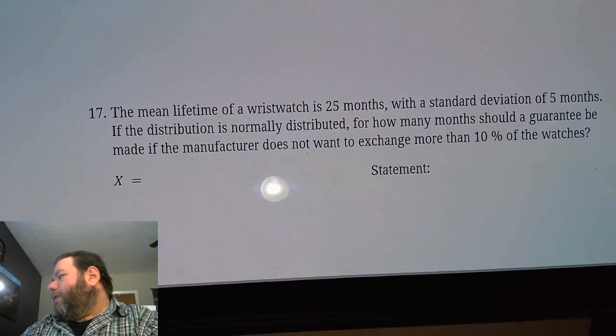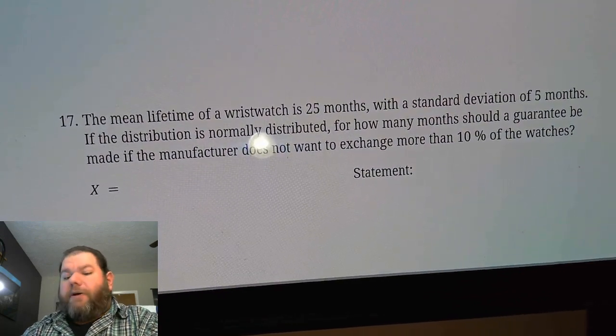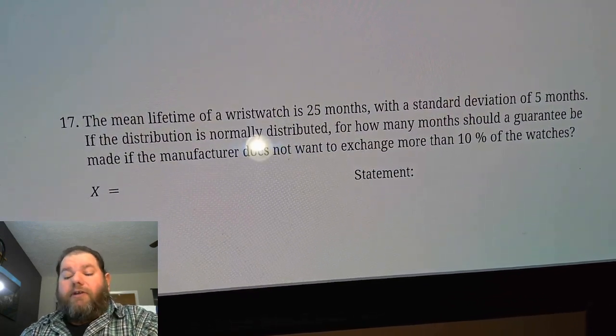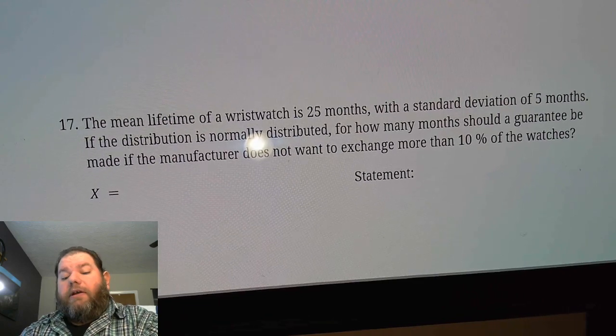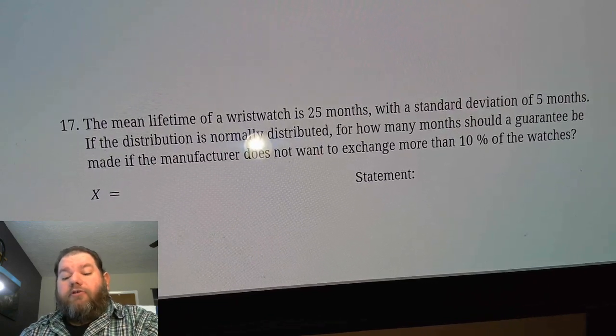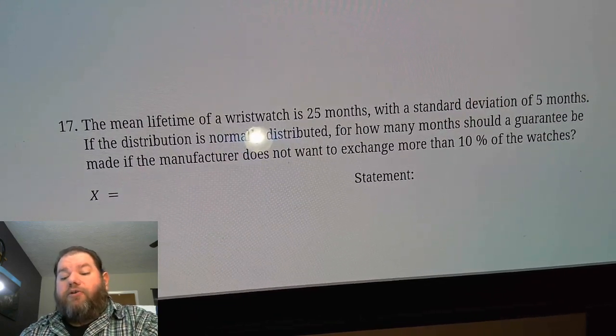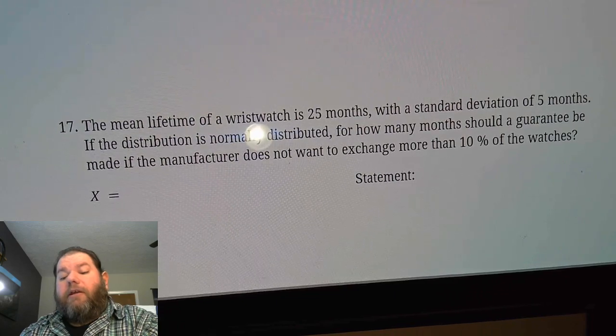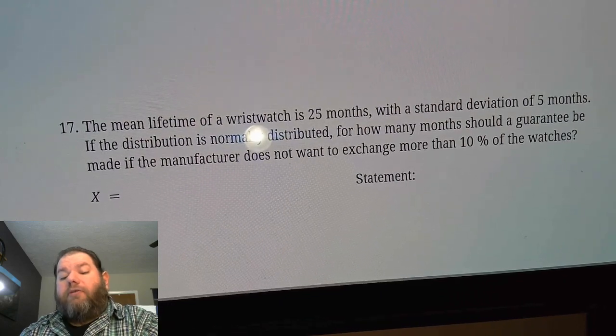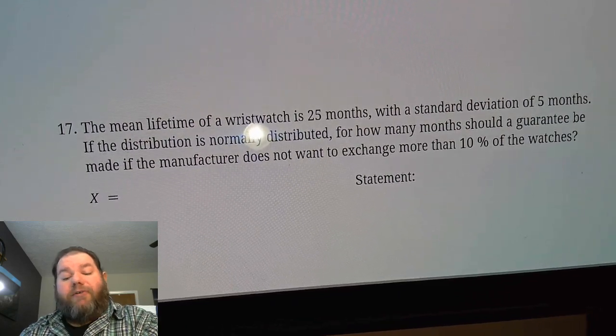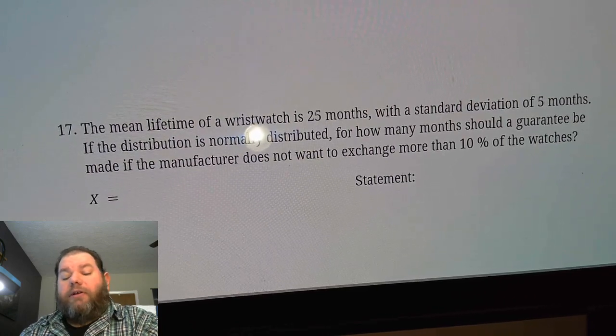The mean lifetime of a wristwatch is 25 months, with a standard deviation of 5 months. If the distribution is normally distributed, for how many months should the guarantee be made if the manufacturer does not want to exchange more than 10% of the watches?